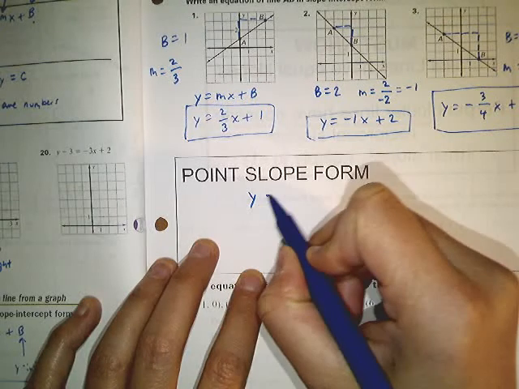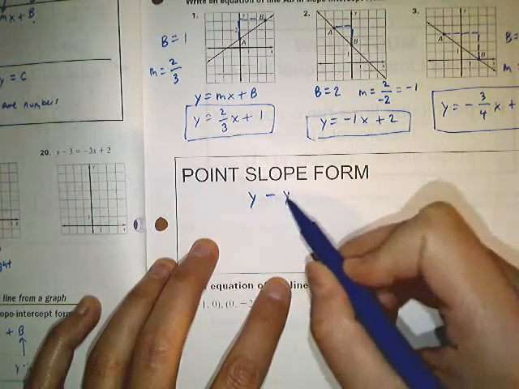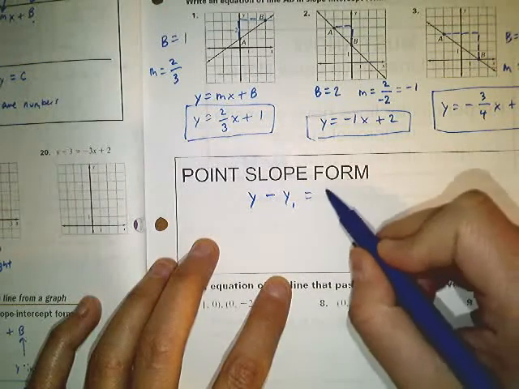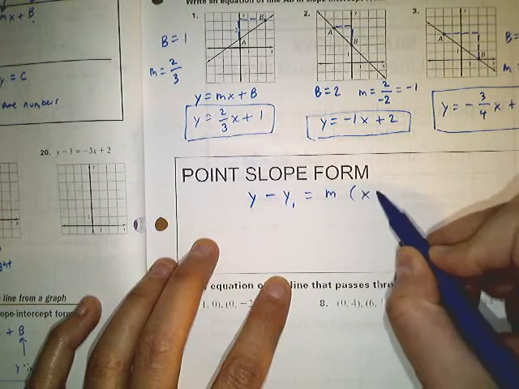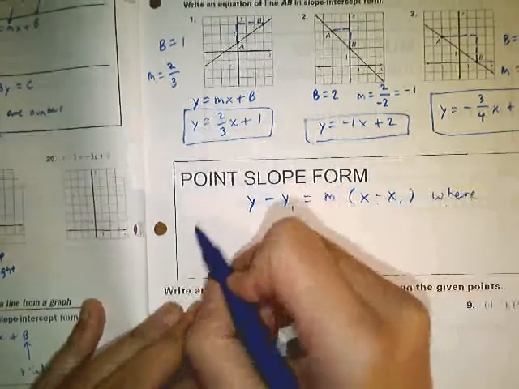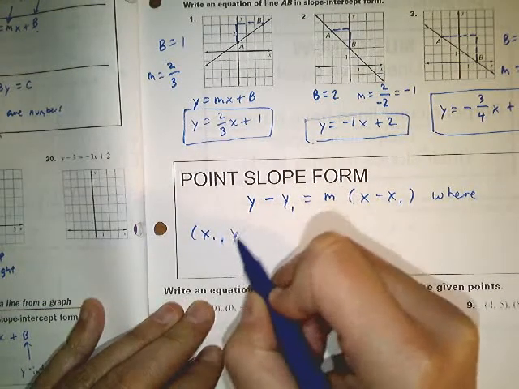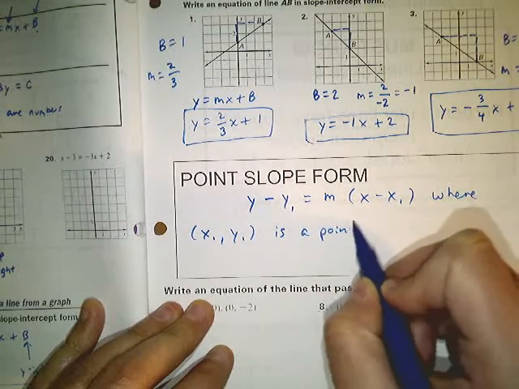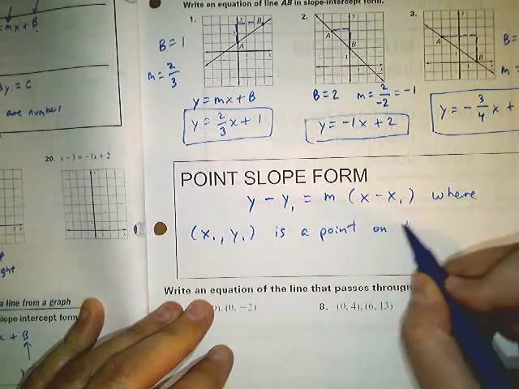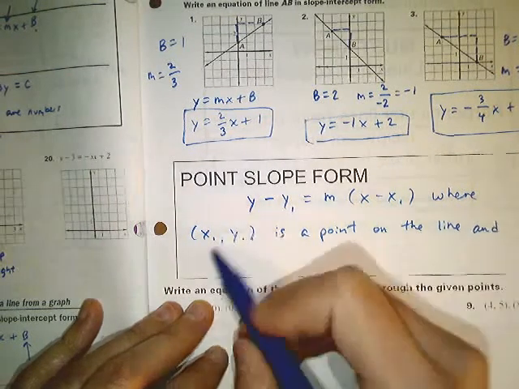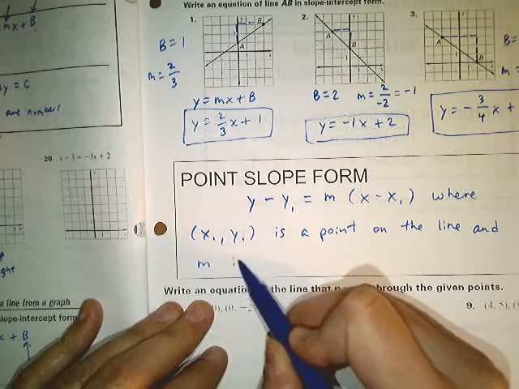You have y minus this, which is a y sub 1 value that's part of a coordinate point, equals your slope number times x minus x sub 1, where x sub 1 and y sub 1 is a point on the line, and as you're probably well aware, m is the slope.